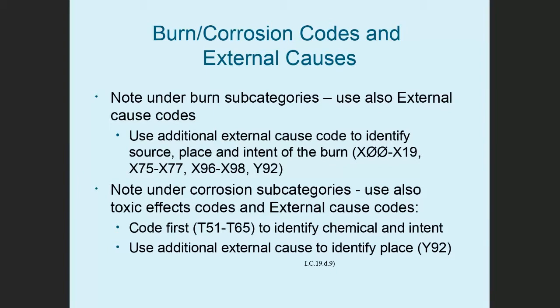Under the corrosions subcategories, you see, as we said, code toxic effects, but it also says use additional external cause to identify the place. So it's telling you only the place where the injury occurred. So that's a little different. This one has a lot more external causes, and this one specifically says place.